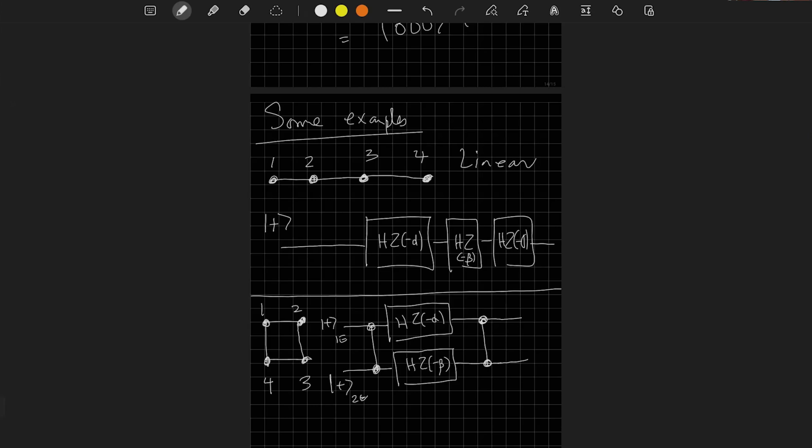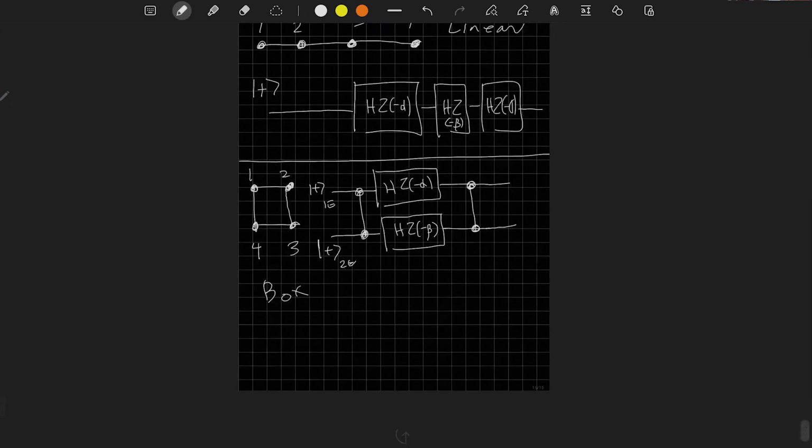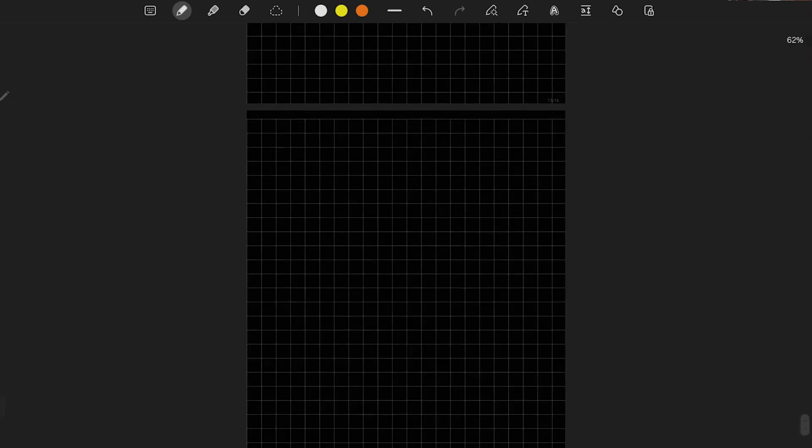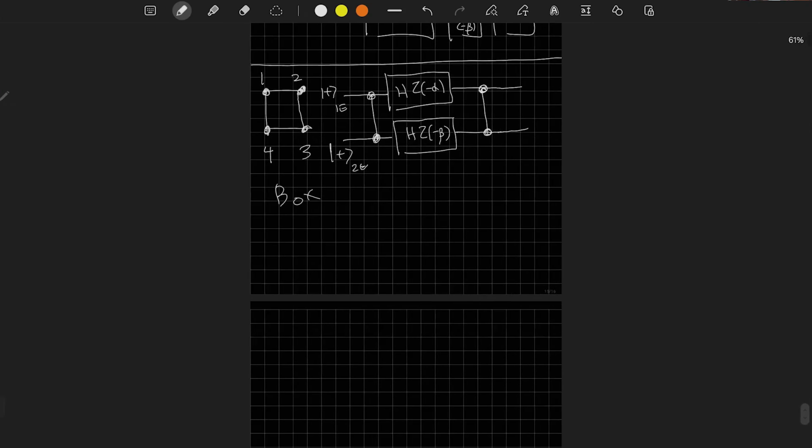Okay. Now, this is a box cluster state. This is another example.